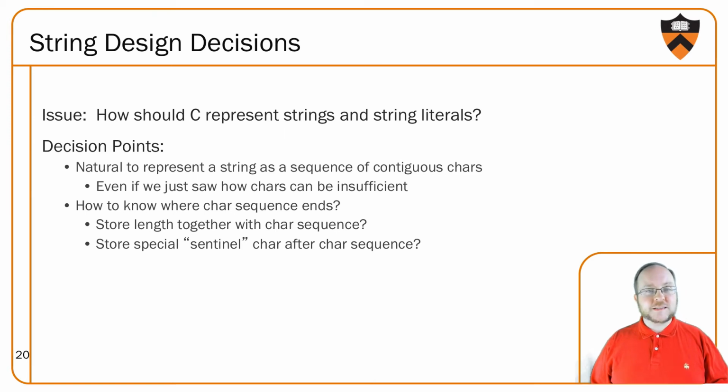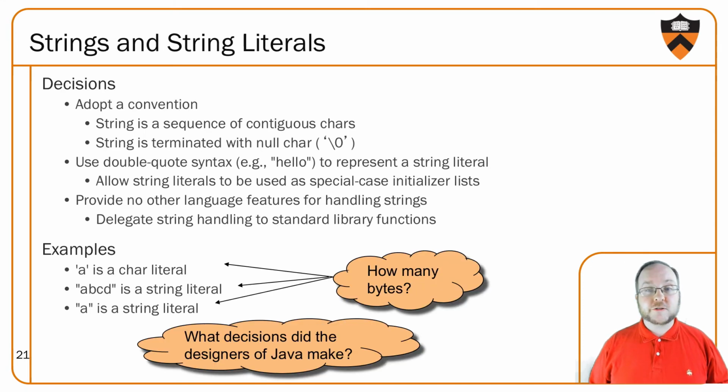But C doesn't. This whole idea of not being able to tell how long an array is comes back to bite us almost immediately. So C's decision here is that strings are just an array of characters. And weirdly, they're not even named string, they're just char stars.